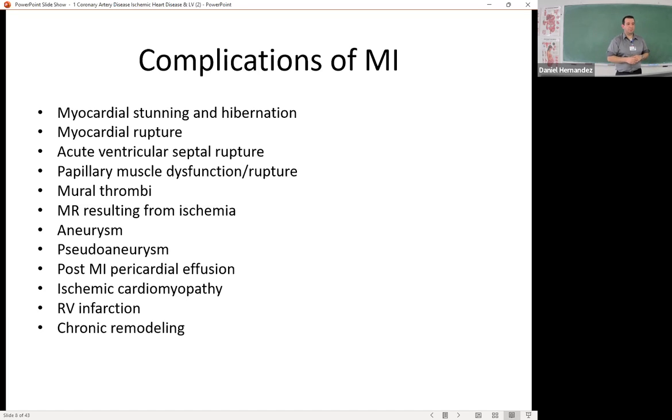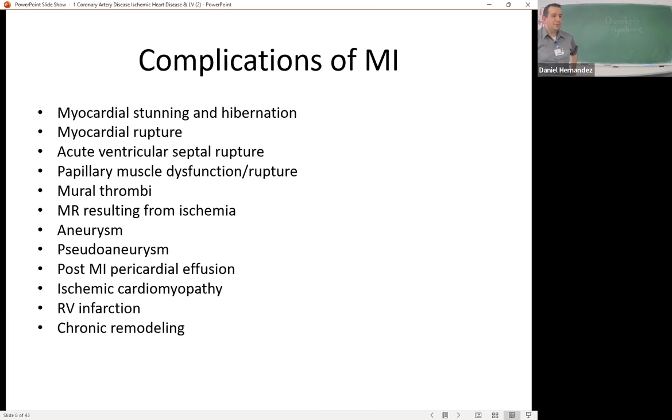Patients can suffer from something called post-MI pericardial effusion. This is also referred to as Dressler syndrome. So write that down, Dressler. I'll write it down. Dressler's syndrome. I don't know if you guys can see that.